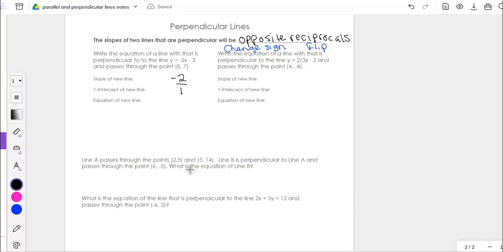It's easier if you make things into a fraction so that when we flip it, it can actually be flipped. We're going to change the sign, so this will become a positive, and we'll flip it. So it'll become a positive 1/2 when we make it the opposite reciprocal.